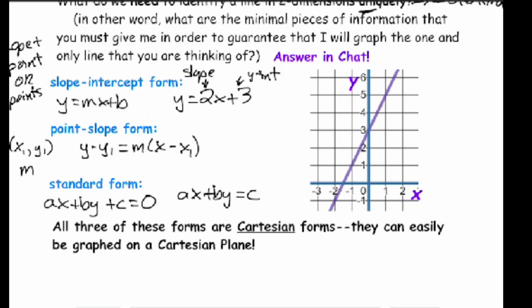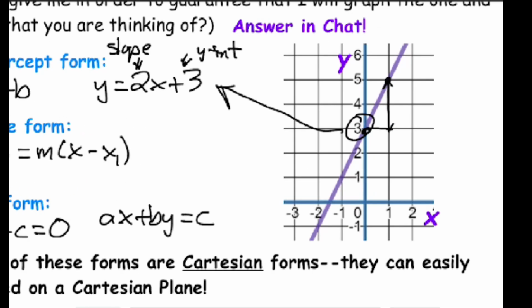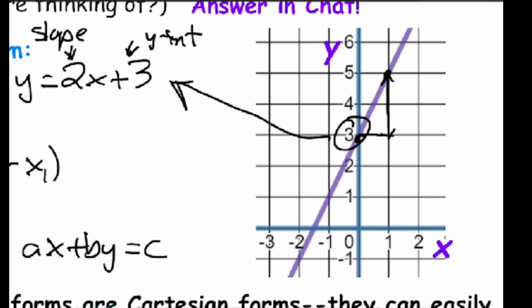And we can see that in our example line here, I have my x and y plane, and I have my point here. So I have my y-intercept given right here. So that's my 3 value. And I can find my slope either by identifying another point and calculating the slope, or I can just use my slope triangle. So I can go over 1 and up how far? 2. So nice little 90-degree right angle triangle here.